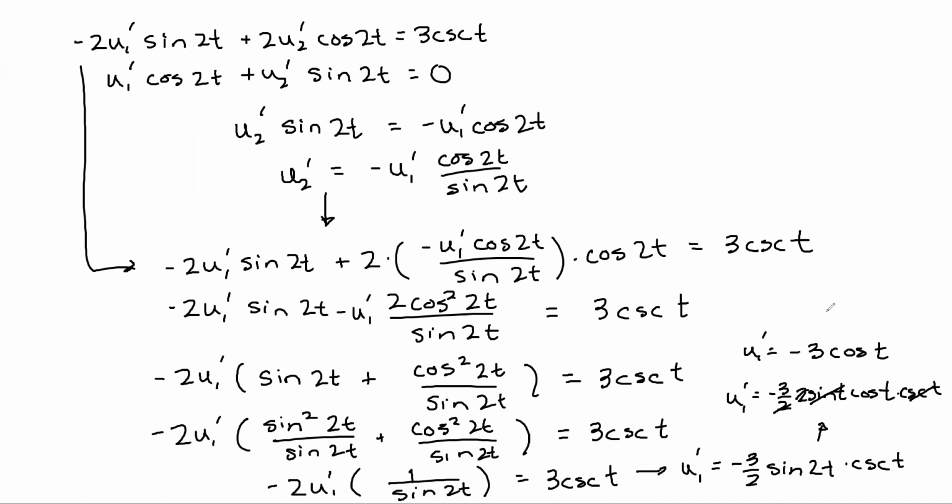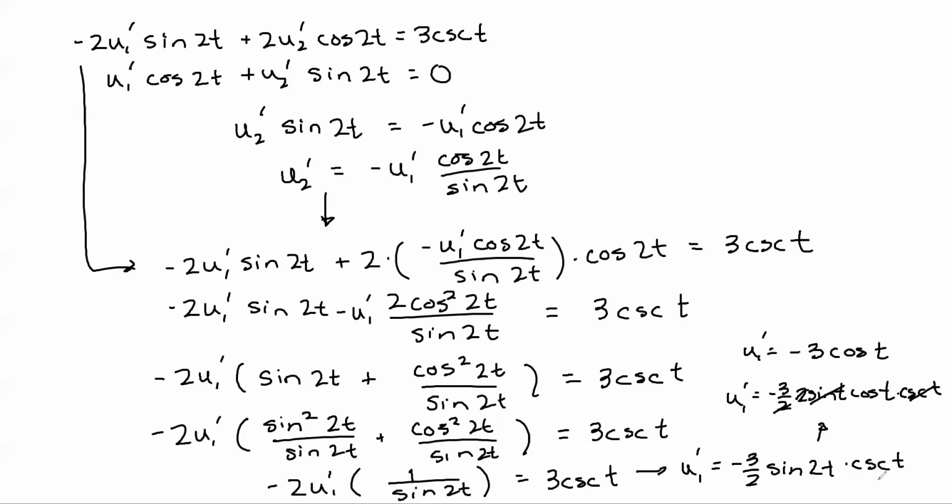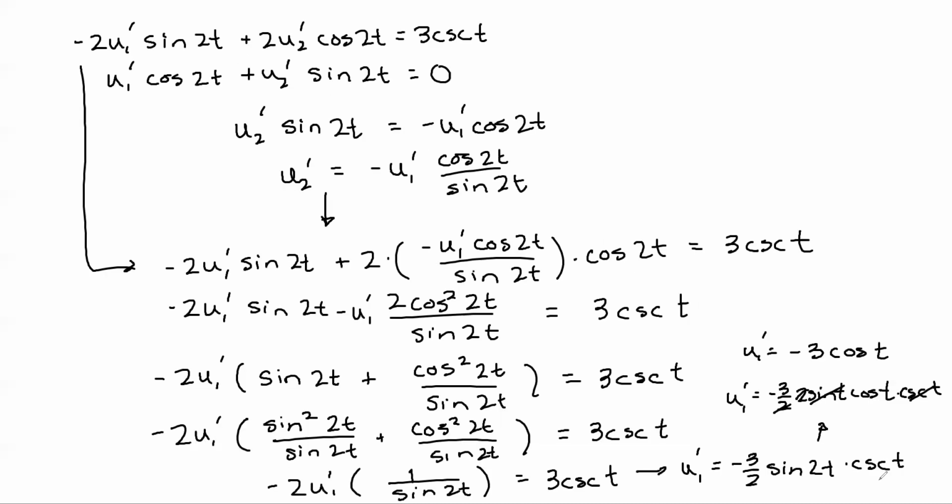So we have one of the two, but we still need to get u2 prime. And to do that, we're going to take u1 prime and plug it into this. So we have u2 prime equals negative u1 prime times cosine over sine.